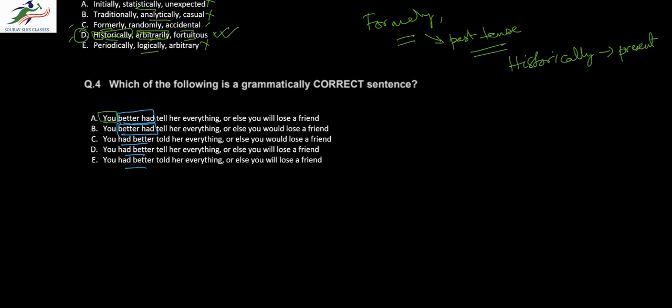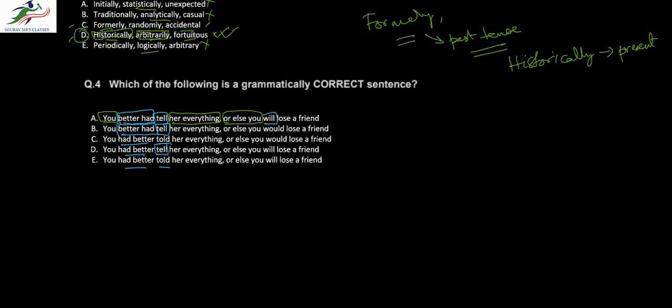And then it says tell and told. So this is again one more change. The first two sentences say tell, the fourth one also says tell, and the third and the fifth one say told. Then we have everything as common again in all the sentences, and then we have or else you as common, and then we have will and would.